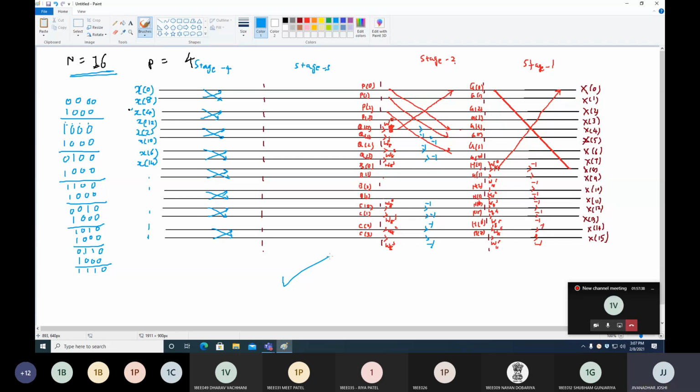We have done for DIT FFT algorithm, fast Fourier transform. Now we are going to understand it for inverse fast Fourier transform. So from this set of equations only, or from this butterfly diagram only, we will be deriving the butterfly for IFFT algorithm.